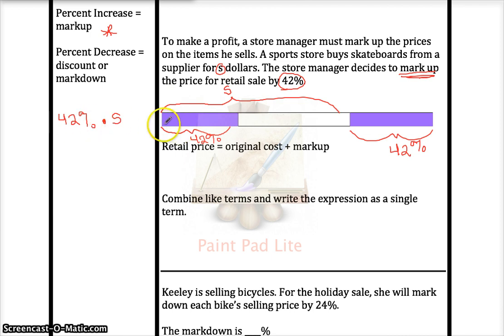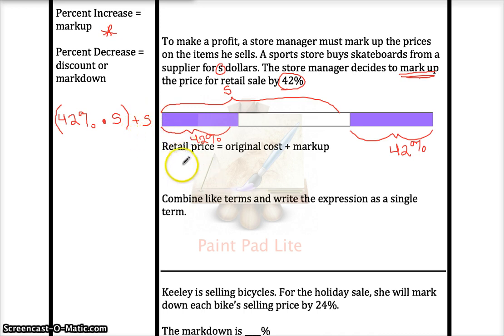Okay, so 42% of S is this purple part, but this is not the full expression that represents the final price of the skateboard, because we have to add whatever this turns out to be to the original price of the skateboard. Do you follow that? So here's the original price of the skateboard. In order to figure out how much we need to add onto it, we need to find out what 42% of that skateboard's cost is, and then add it to the price that the manager paid for the skateboard, so that way he makes a profit.